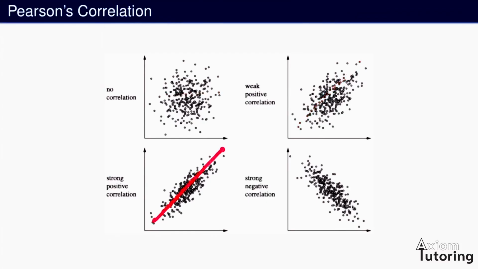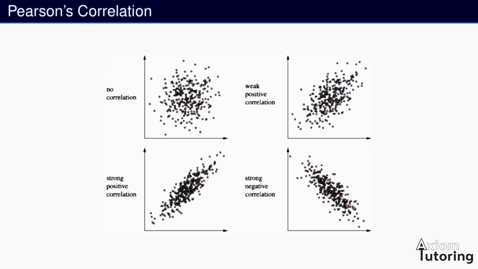It's even stronger here because we can see that all the points are closer to my straight line, so the straight line is a relatively good approximation of what's going on in the data. And here we have a strong negative correlation between the two variables because the slope is negative and all the points are quite close to the line of best fit.